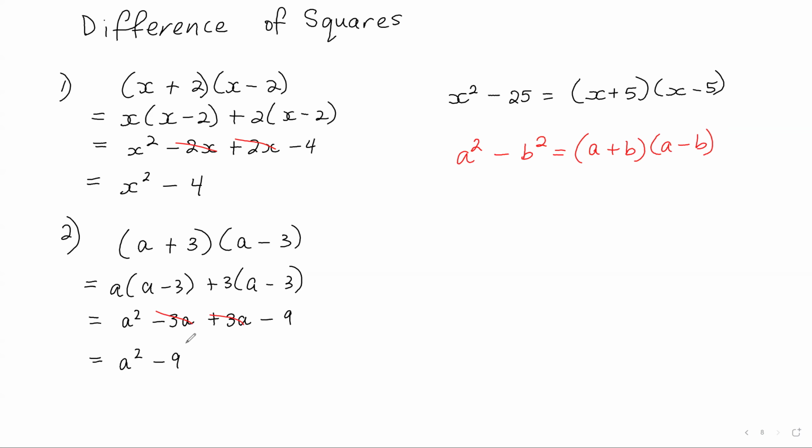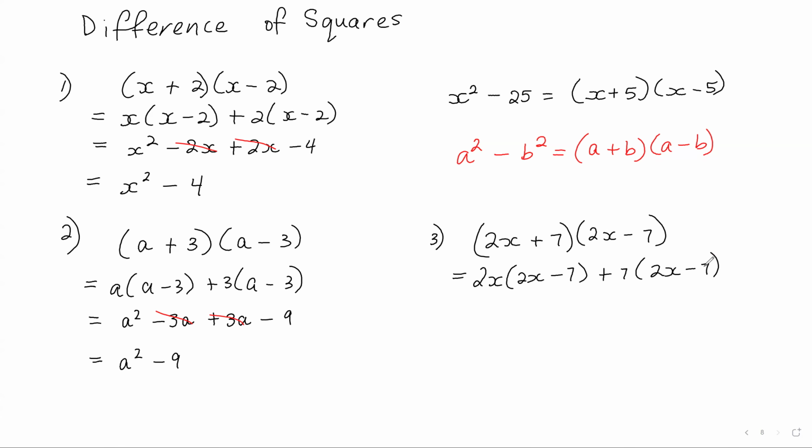And again, those are two square numbers. Now, sometimes it could be like this too. Let's say we had 2x plus 7 by 2x minus 7. Well, this would be 2x by 2x minus 7 plus 7 by 2x minus 7.